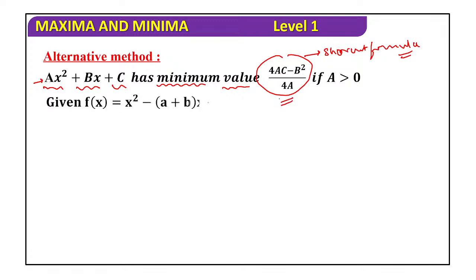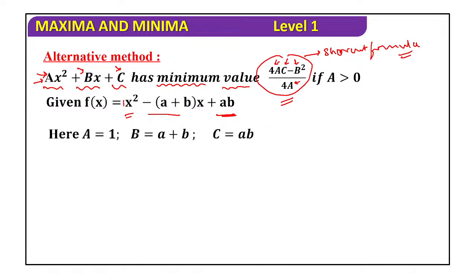Just see here. You have x square minus of (a plus b) x plus ab. In the place of a, you have 1. In the place of b, you have minus of (a plus b). In the place of c, you have ab. You have to substitute in the places of a, b and c. You can use this as the shortcut formula.